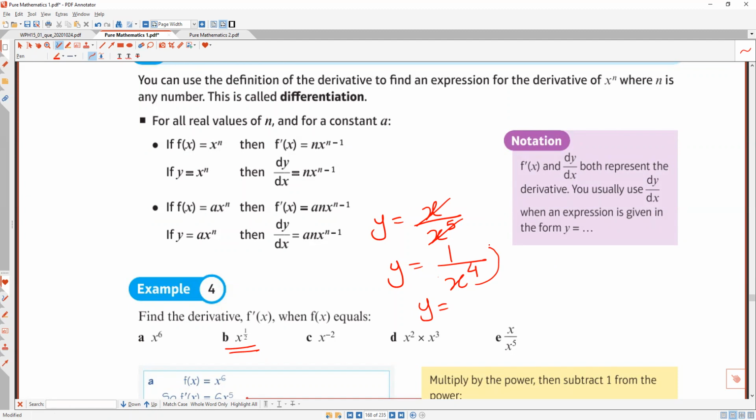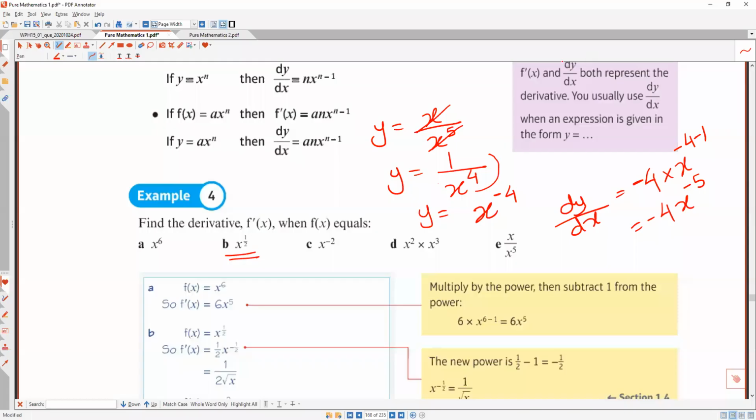So, if I take the x value from the denominator to the numerator, I will get x raised to minus 4. Is that clear, everyone? So, now I can differentiate this. It's going to be minus 4 into x raised to minus 4 minus 1. So it's going to be minus 4 x raised to minus 5. Is that clear with Mehak and Nafisa?